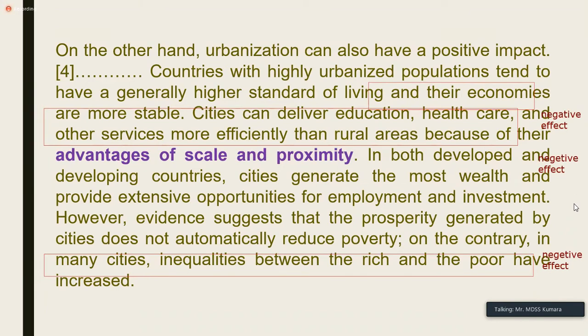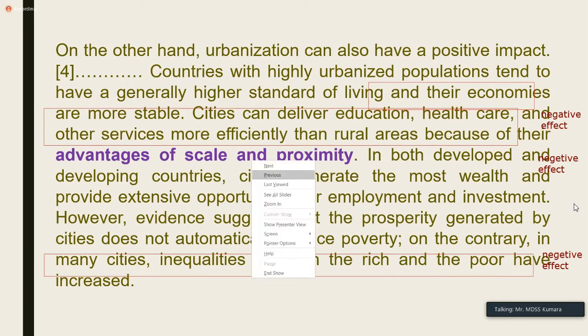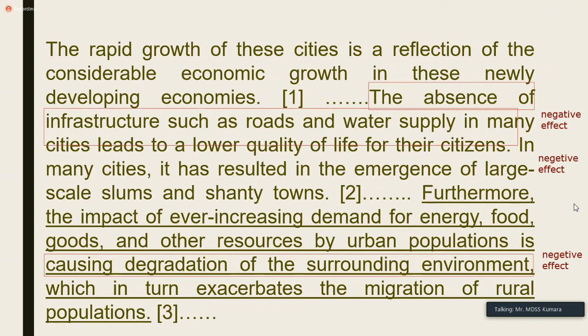cities generate the most wealth and provide extensive opportunities for employment and investment. So that also gives positive effects of urbanization. Cities generate more wealth, so there is money in cities and also more opportunities for employment and investment.